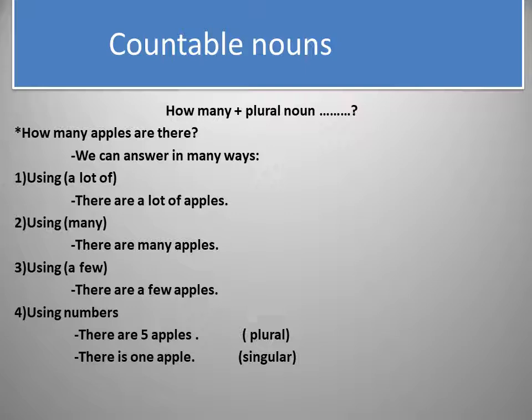There is an apple also equals there is 1 apple. Okay?